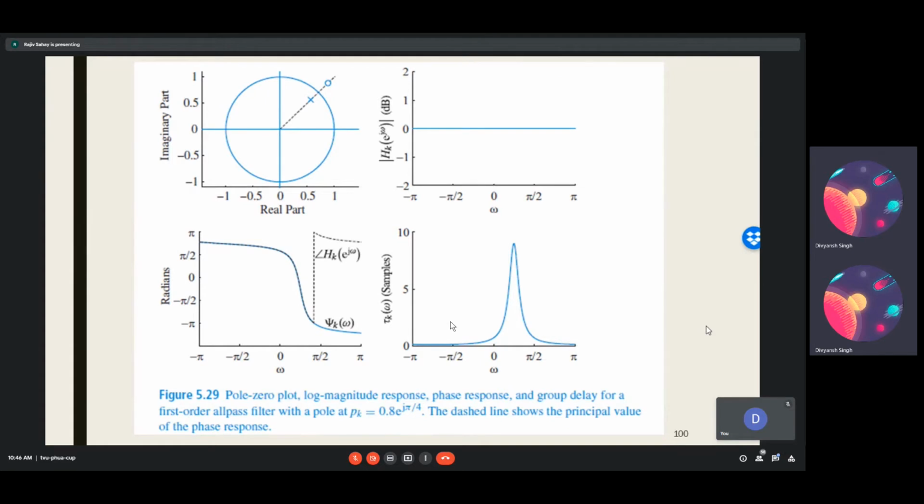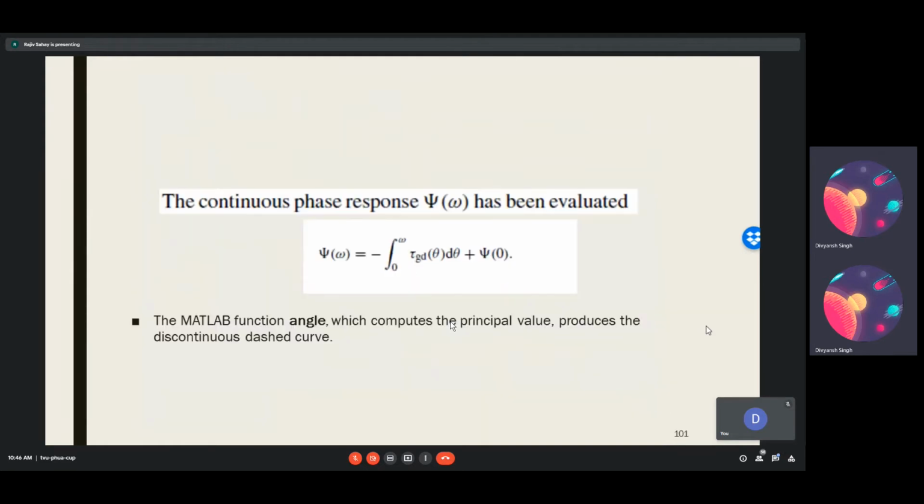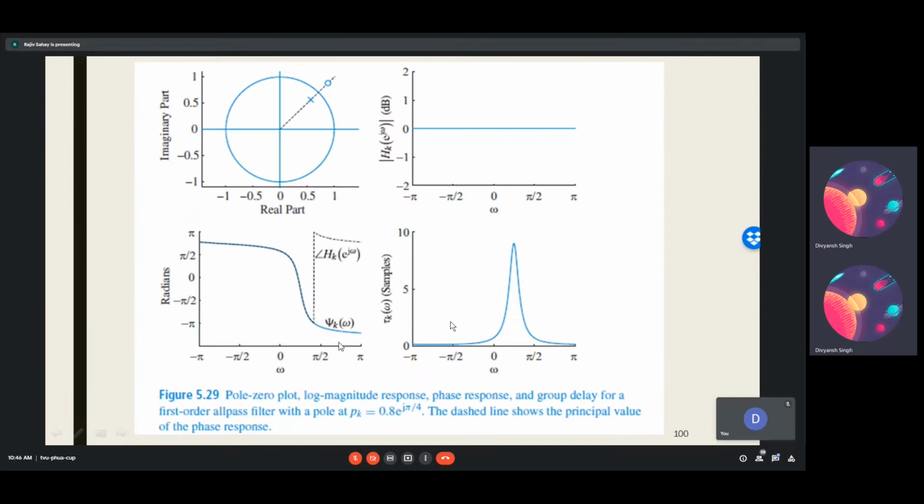Okay, let me move ahead. The continuous phase response can be evaluated like this, where psi 0 for real cases is 0. For a real signal, psi 0 is 0, and this is the unwrapped phase response. In MATLAB, there is a function called angle. This will compute the principal value, and it produces that discontinuous dashed curve. So if you calculate the phase response using the angle function, you will get this dashed curve.